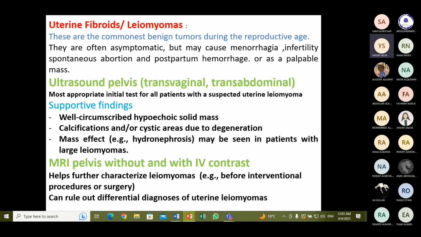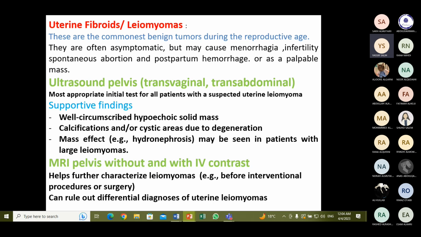X-ray and CT are not commonly done for assessment of the uterine fibroid because it is not well displayed by these imaging techniques. But sometimes we can do MRI with or without contrast, and this can be done for more characterization of the leiomyoma, especially before treatment. If we want to do a surgical or interventional procedure, MRI is usually done for more characterization of this leiomyoma, and also can be used for exclusion of other causes or differential diagnosis.